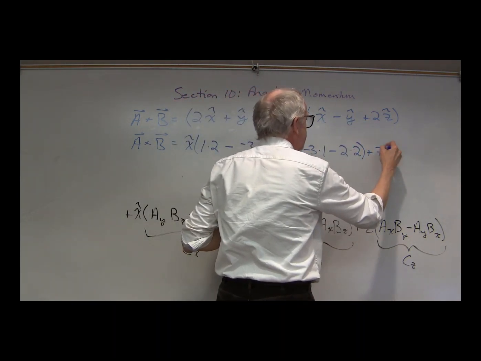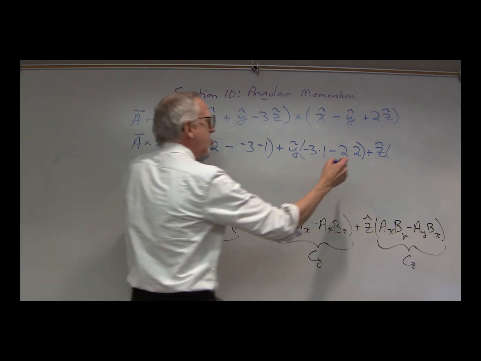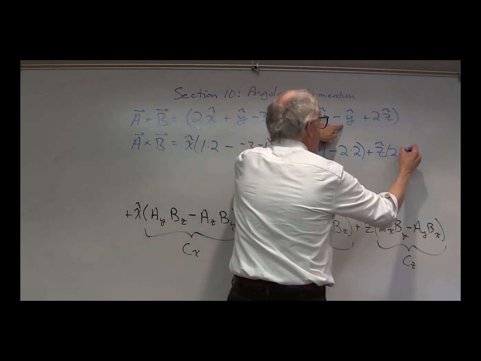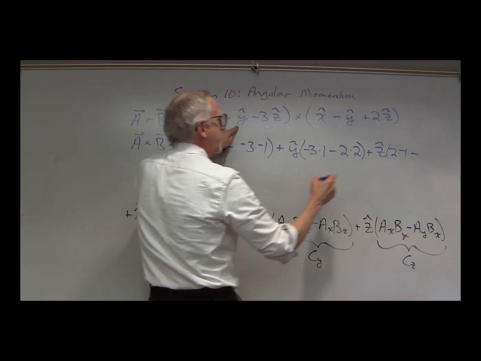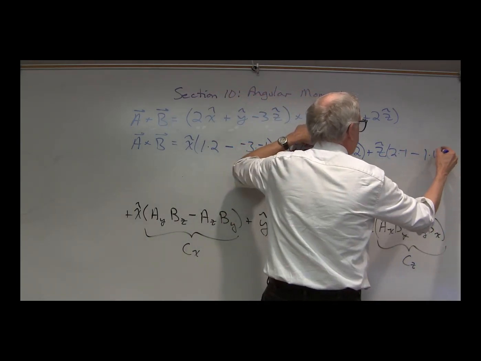And then plus z hat times ax, which is 2, times by, which is negative 1, and then minus ay, which is 1, times bx, which is 1.